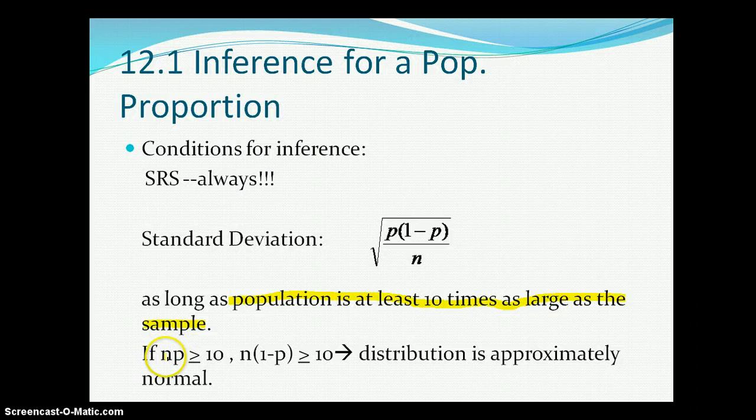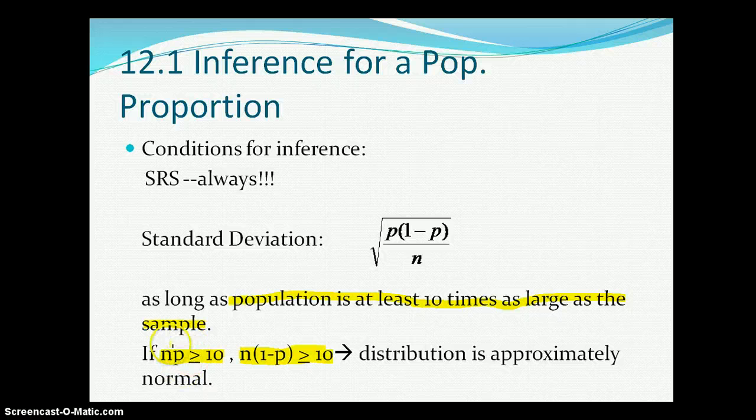That allows us to use our normal curve or our z-score charts. They're back and better than ever. You get to use z-scores, not a t-distribution for these problems. Okay? So whenever we're dealing with population proportions, simple random sample, population 10 times the sample size, and then we have to check that it's normal by checking n times p.